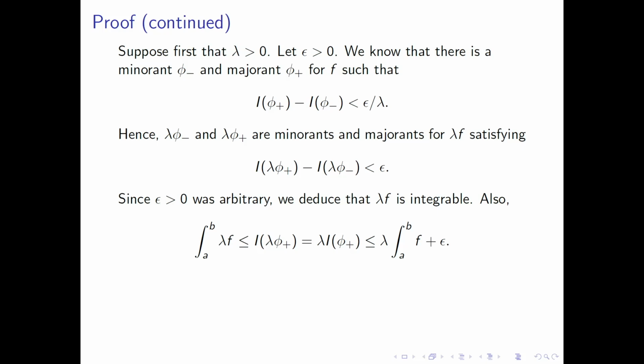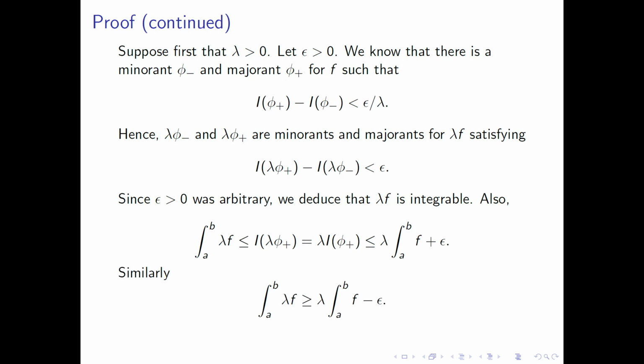Also, that allows us to pin down the value of the integral of lambda f. The integral of lambda f is squeezed between the integrals of the majorant and the minorant. So the integral of lambda f is at most the integral of lambda phi plus. That's just lambda times the integral of phi plus. And by the way that we chose phi plus, that's at most lambda times the integral of f plus epsilon.